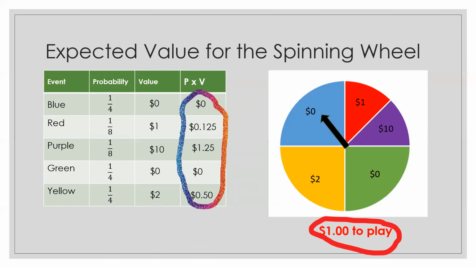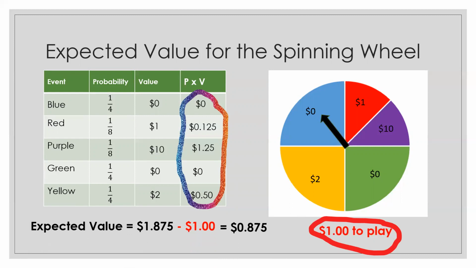But remember, it cost us $1 to play. We have to take that into consideration, because before you even spin, you already have to lose $1. So that's minus $1 from $1.87. Then the expected value is, we would say, in the long run, you would expect to get 87 cents per spin.